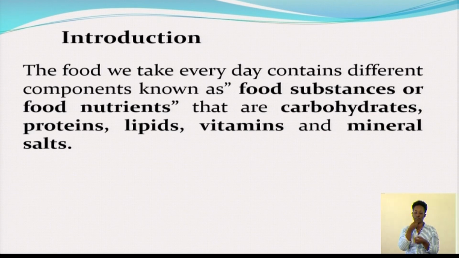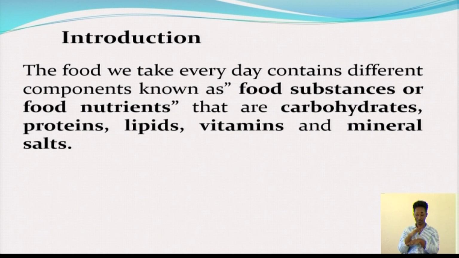These nutrients or food substances are carbohydrates, proteins, lipids, vitamins, and mineral salts. All of them are very important to our body because they perform the function of a balanced diet. If we eat these food nutrients, you don't suffer from some of the diseases.